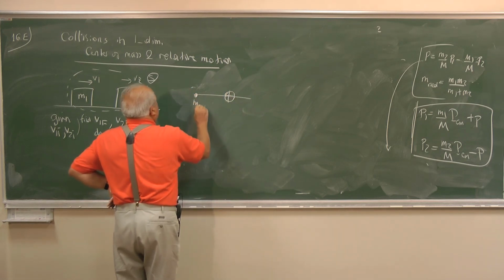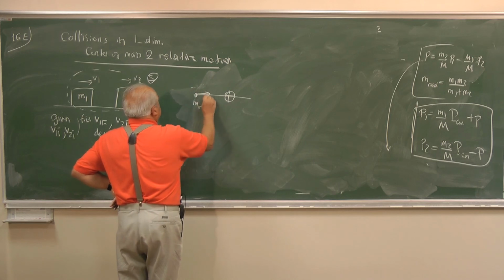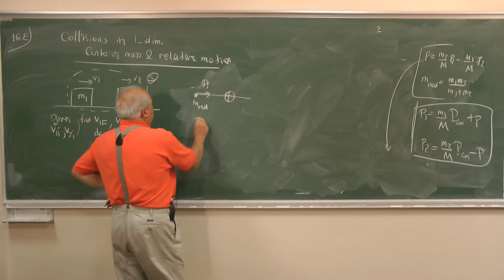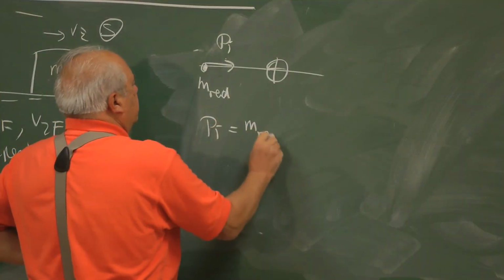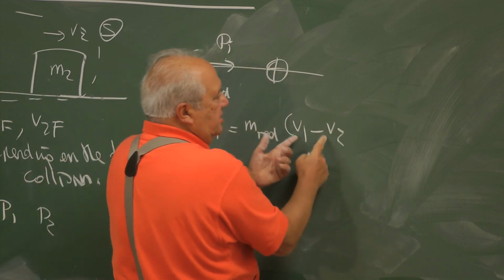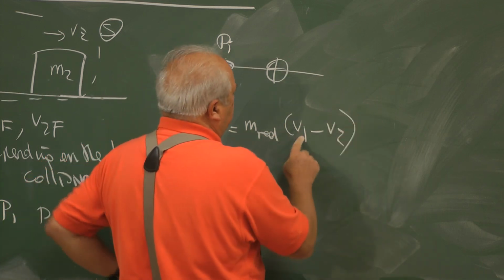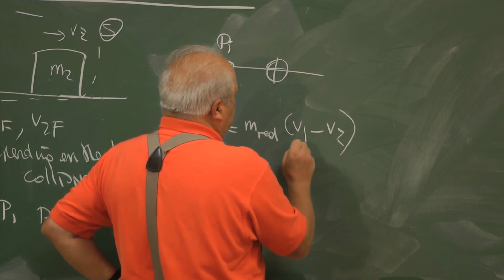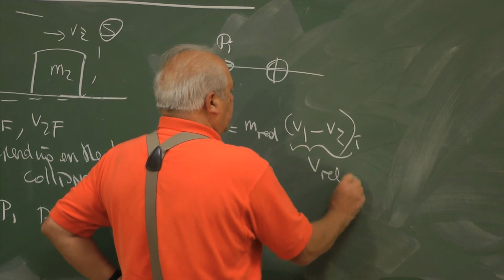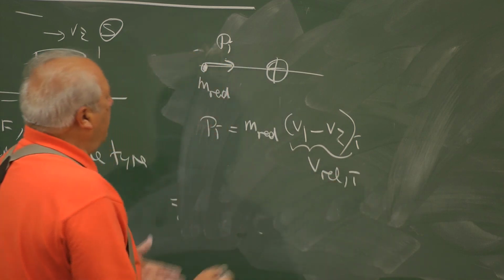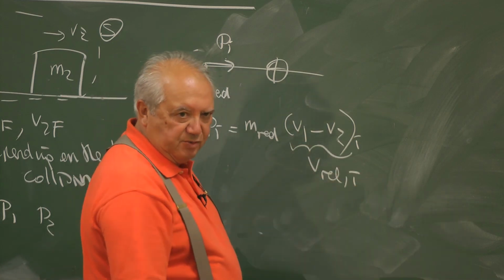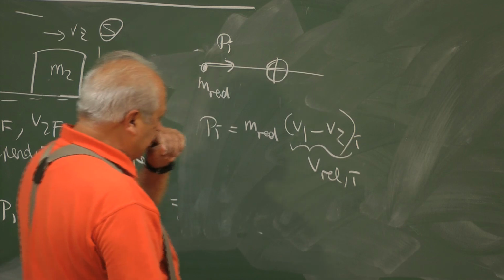There is M reduced coming with initial relative momentum. So Pi is M reduced times V1 minus V2. It doesn't matter in which coordinate frame I write it. This is V relative initial. Obviously, you want V1 to be larger than V2 if they are both moving in this way to hit. Otherwise, there would be no collision.